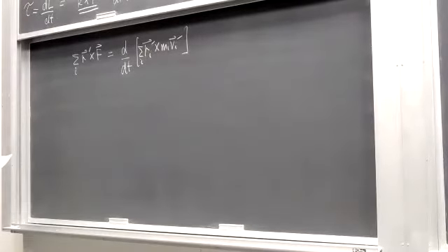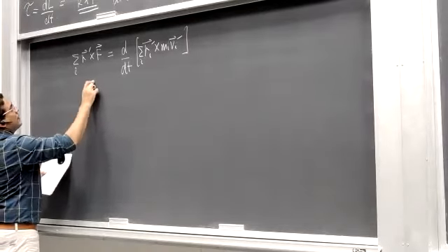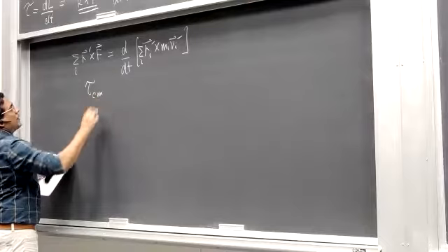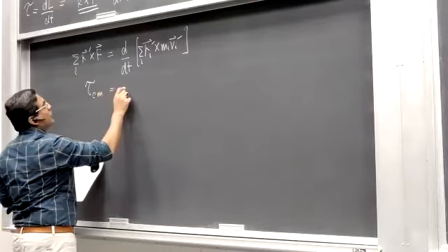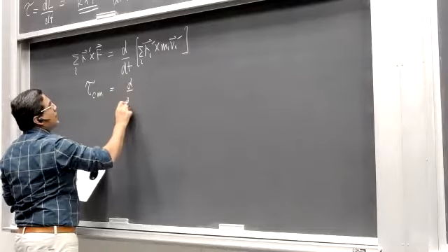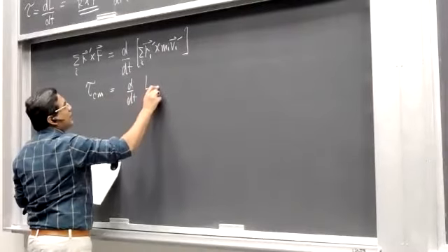All right. Now, if I write this in simpler symbols, this is torque in the center of mass equal to d over dt of L in the center of mass.